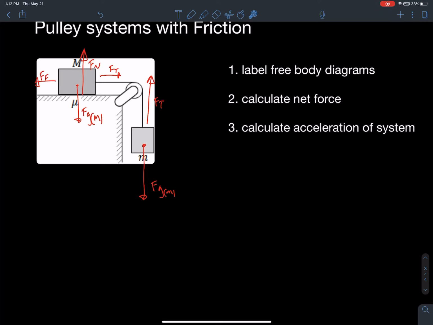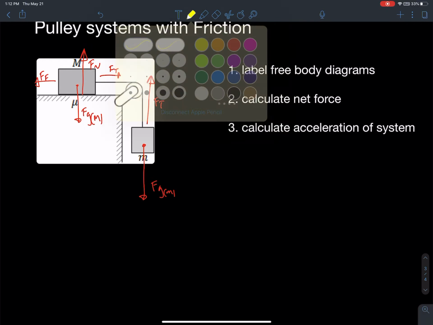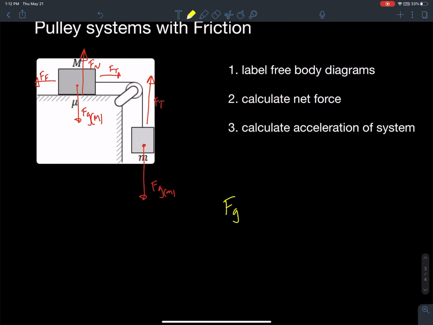Now how do we calculate the net force? The forces counteracting to accelerate the system: the force of gravity of that counter mass minus the force of friction acting on that sliding mass at the top is equal to F net.